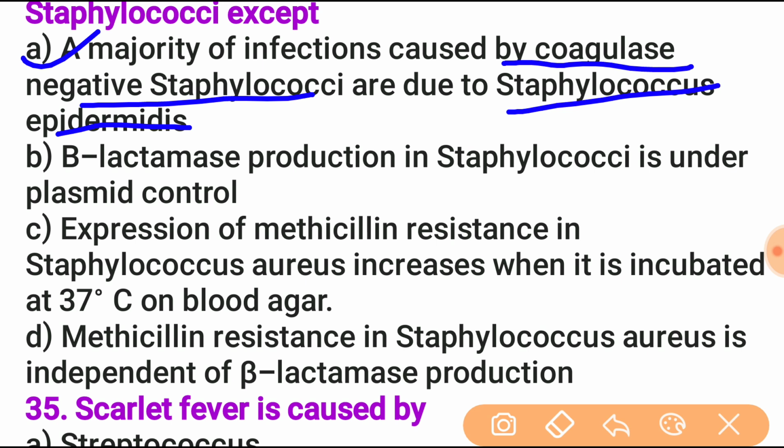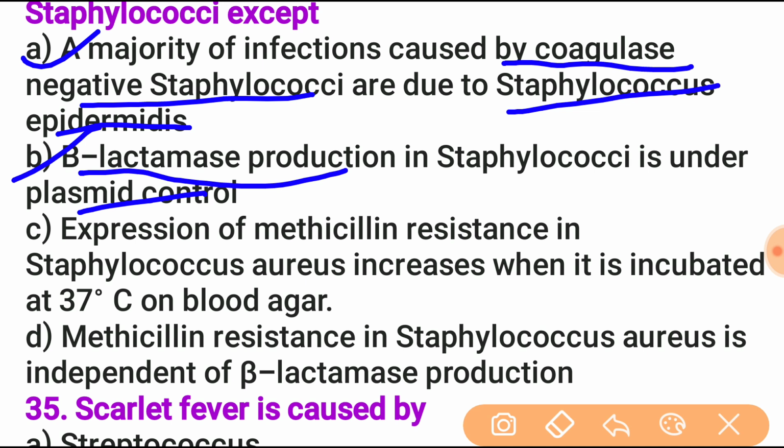This is also right. Expression of methicillin resistance in Staphylococcus aureus increasing when incubated at 37 degrees C is not the right answer.